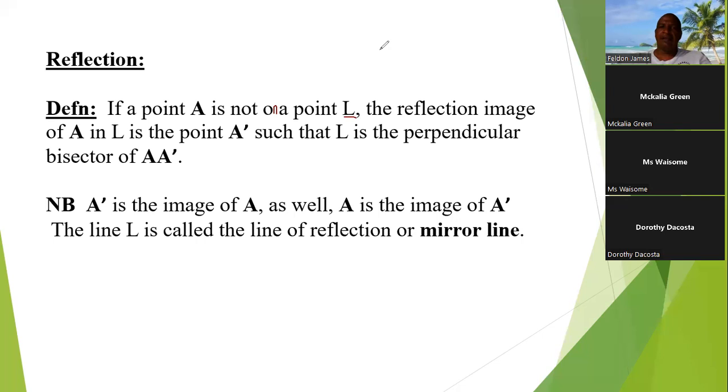if you have a line L, let's say that is the line L, and the point A is not on L, so let's say A is right here, and that is the point A. So what they are saying here, the reflection image of A in L is the point A dash, such that L is perpendicular bisector of A to A dash, meaning the line from A to A dash.